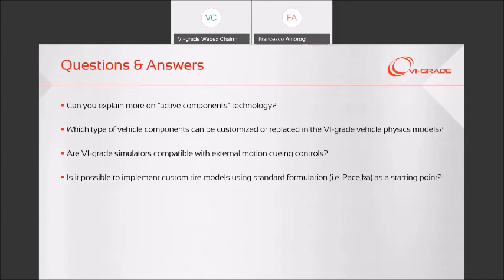So, for example, you have your own law for the longitudinal force, but you want to keep lateral force and aligning torque to be compliant to the Pacejka tire model. This is possible because within, for example, the Simulink interface, but in all the other interfaces, it is possible to just pick up the channel related to the lateral force, the longitudinal force, and implement your own functionality.